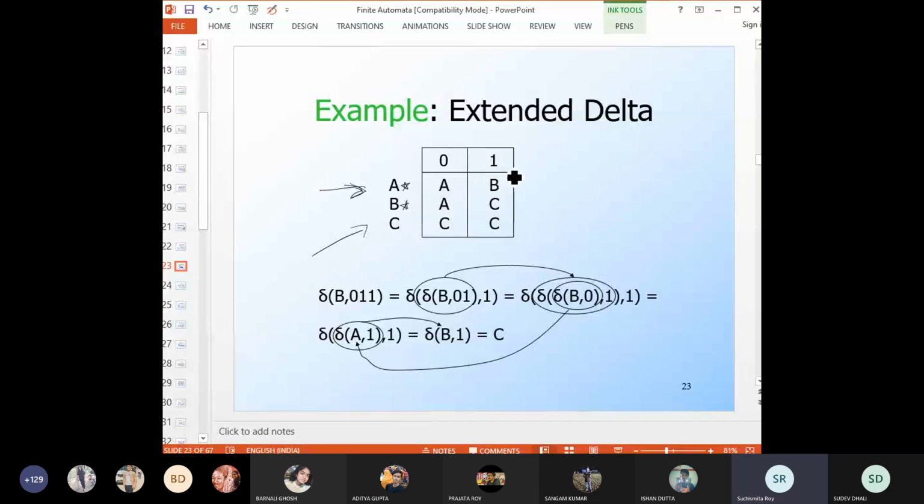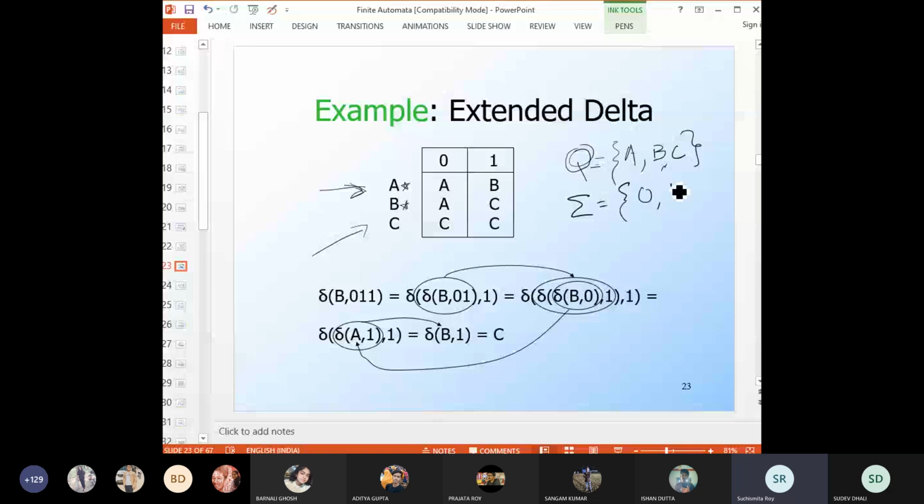So it means that you have three states. What is Q, the set of states? A, B, C. Yes, A, B, and C make up the set of states. Sigma is the top row, as you can see.